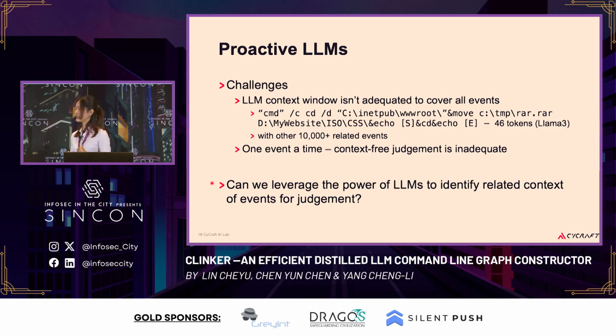So if we had 10,000 events, that's around 500,000 tokens, way beyond what any LLM can take in. And analyzing events one at a time doesn't work either. That would just take us back to context-free judgment, which, as we've seen, will not work. So the question is, how can we leverage the power of LLMs to identify related contexts of events for judgment?